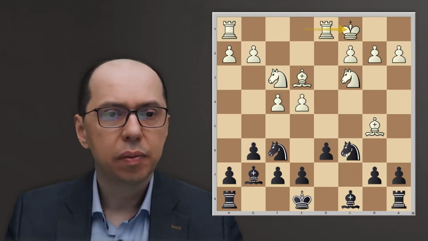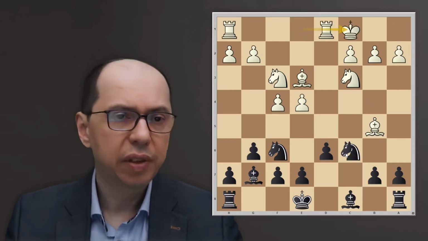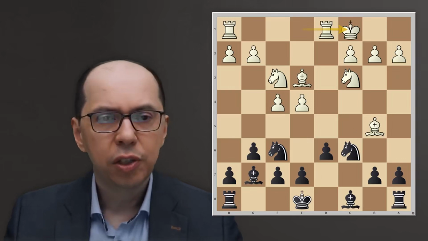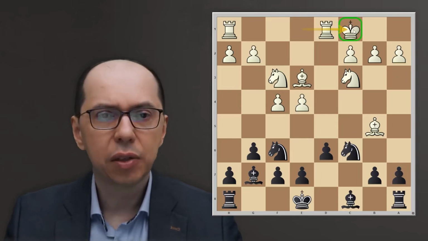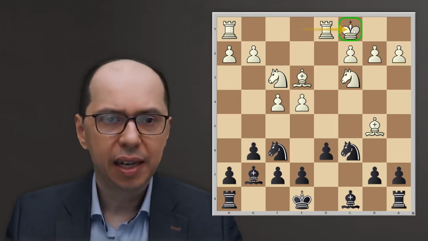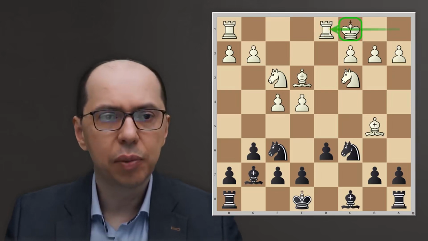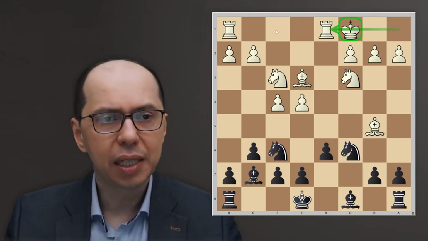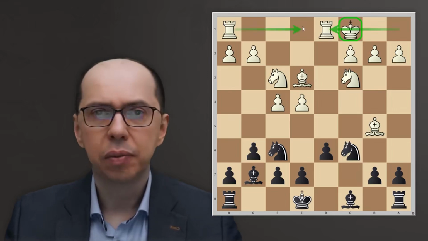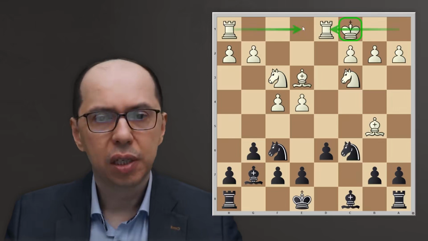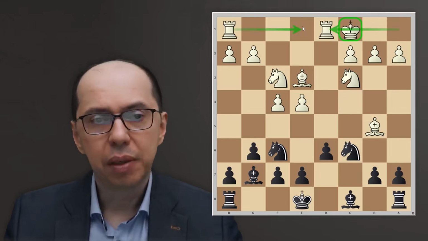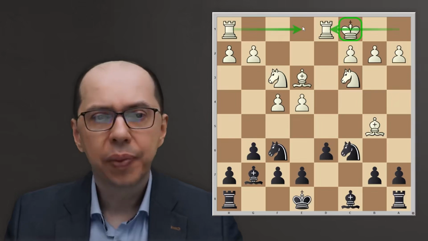It's a very active way to continue. Usually, we don't like the white king on c1, but here it's an ending, and white uses the chance to develop the rook so quickly, and the other rook can go to e1. So this is, in general, a happy place to be for white in the endgame.